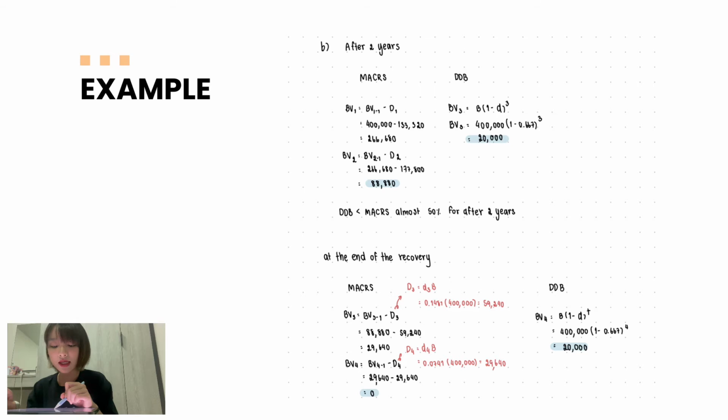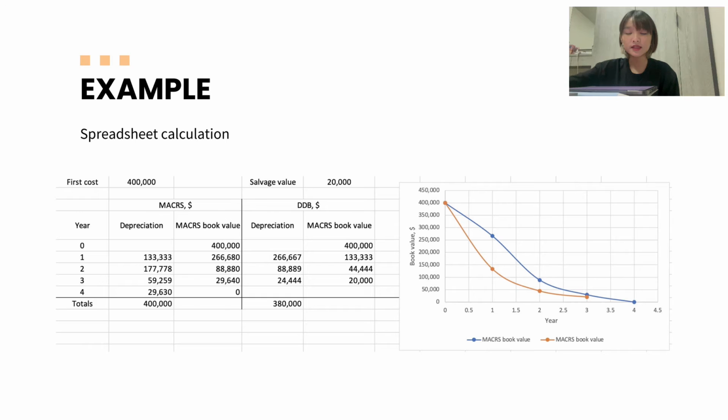So DDB is less than the MACRS by almost 50% after 2 years. At the end of the recovery, MACRS gives the zero value from this equation for book value in year 4, and DDB gives 20,000. And this slide shows the spreadsheet calculation.